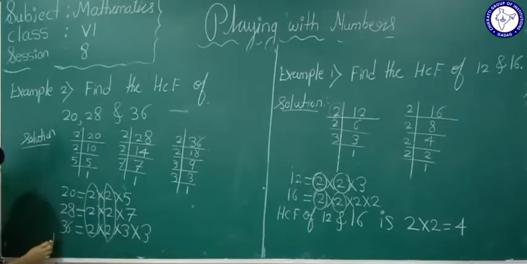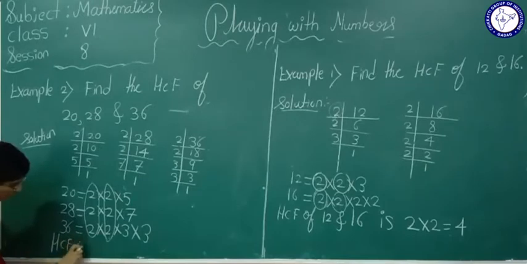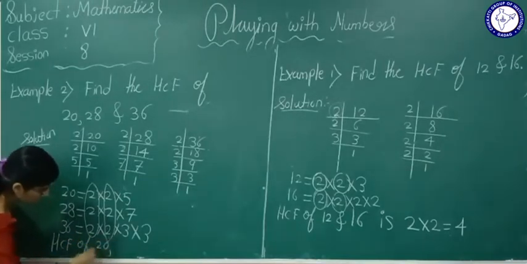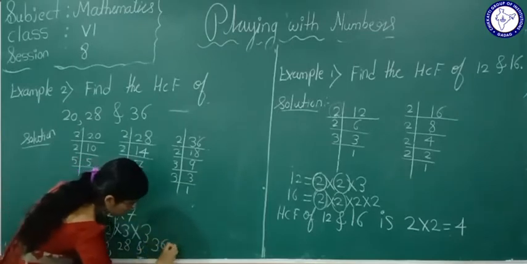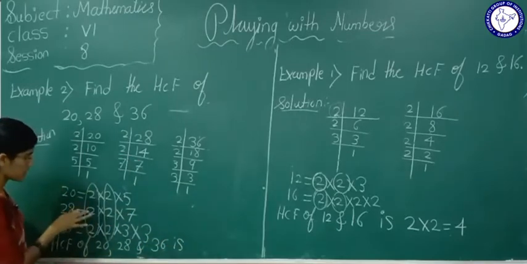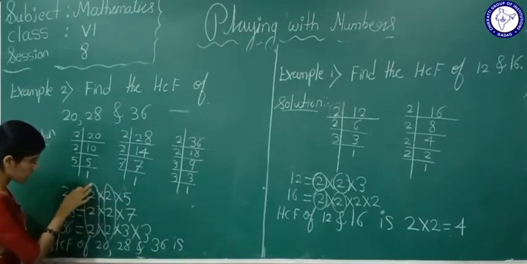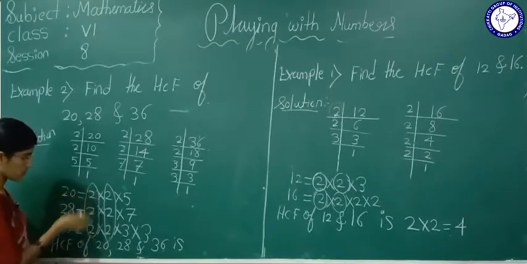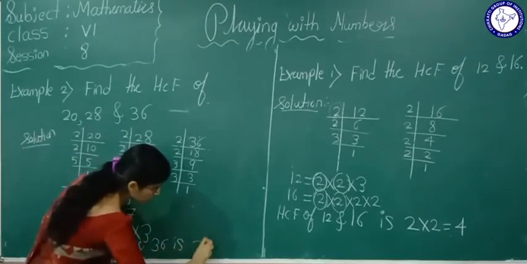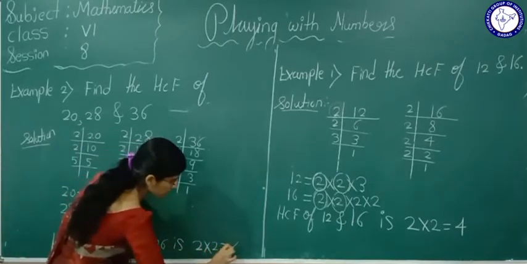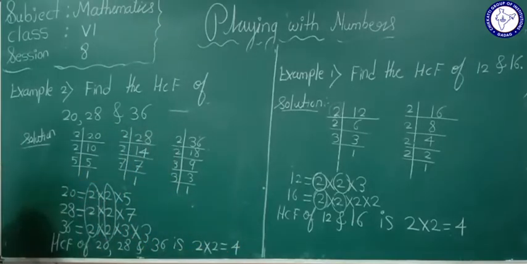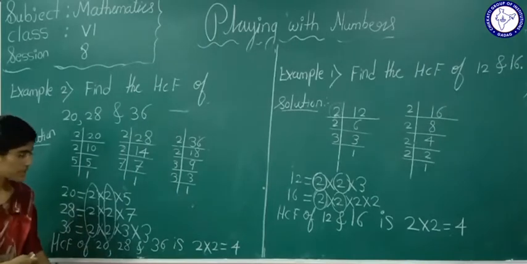No. So therefore the HCF of 20, 28 and 36 is what? Here 2 is common, you have to take it once. Again here this 2 you have to take once. That is, the HCF of 20, 28 and 36 is 4.